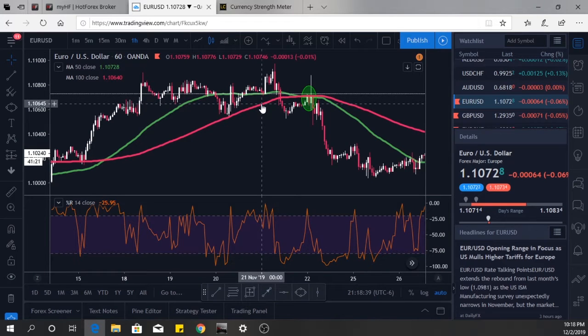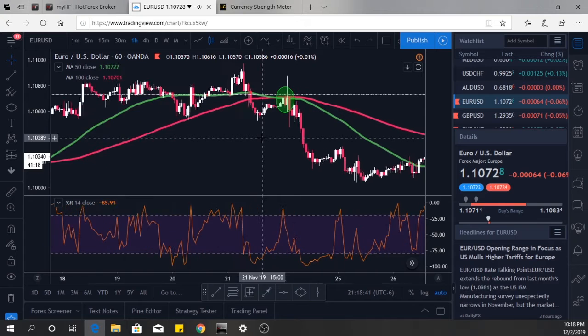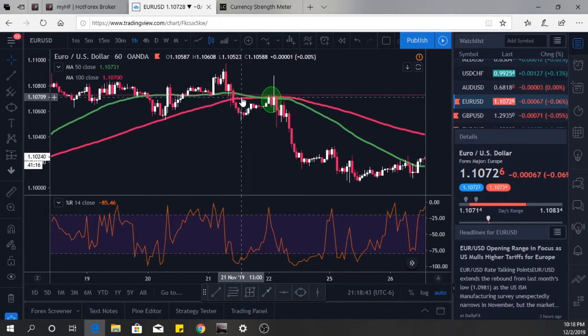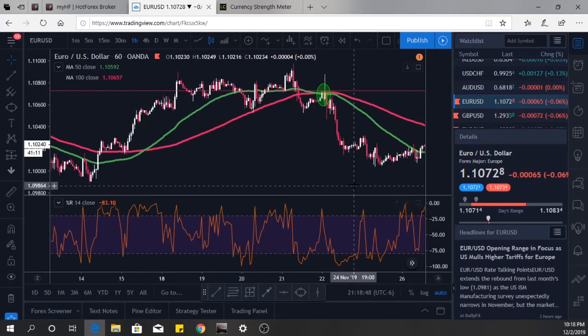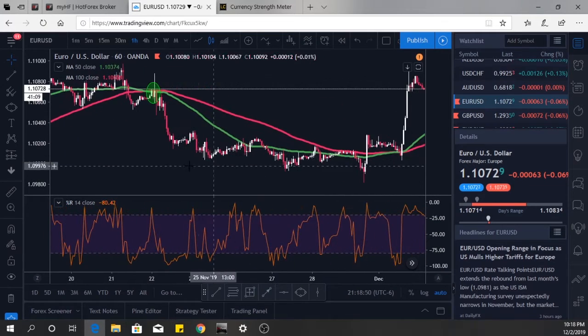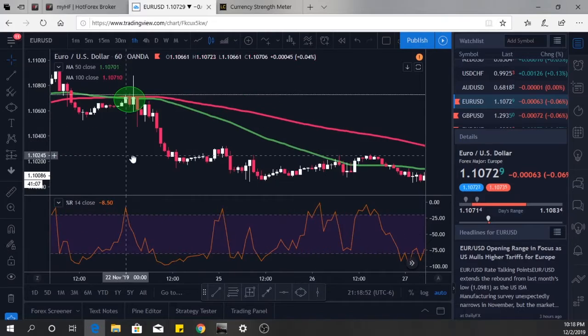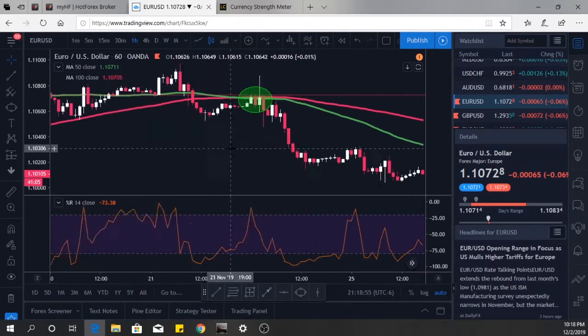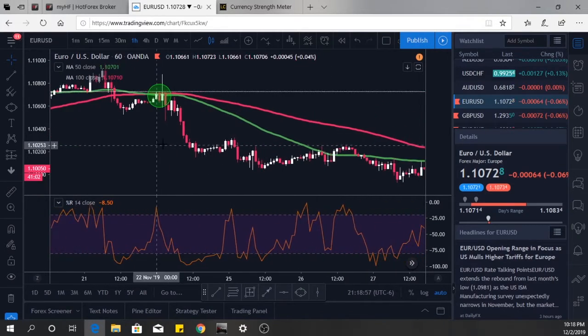So if the 50 MA is above the 100 MA and it crosses the 100 MA going down, that means a downtrend is starting.